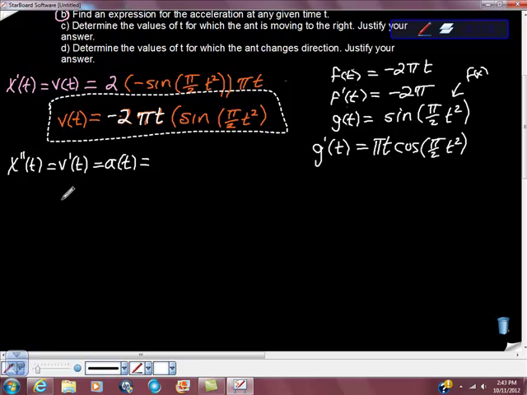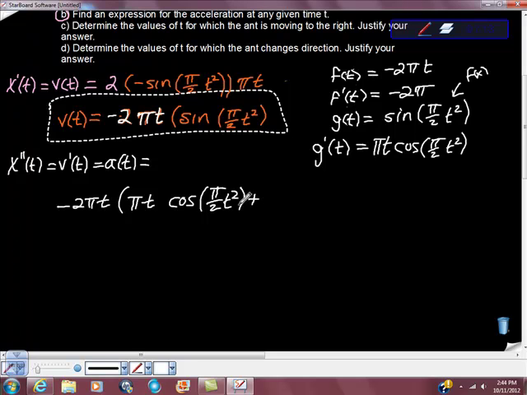And the product rule says we take f of t, which is negative 2 pi t, times the derivative of the other function, which is pi t cosine pi halves t squared, doesn't it?